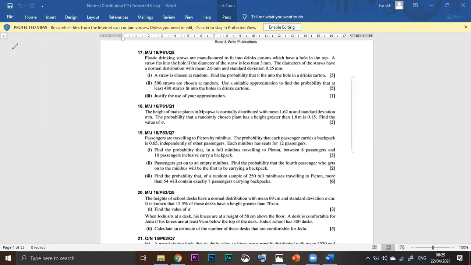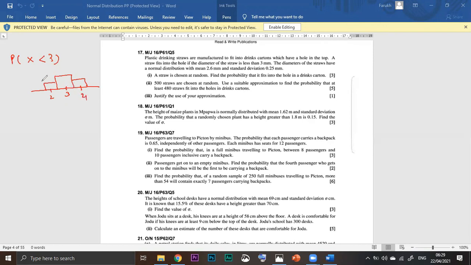Now we will practice some more questions about the continuity correction. If we have x less than 3, the method is we draw three rectangles: 3 in the middle, 2 and 4 in the neighborhood.